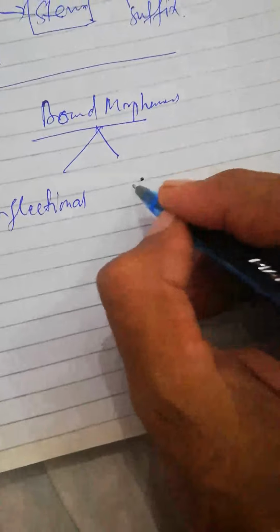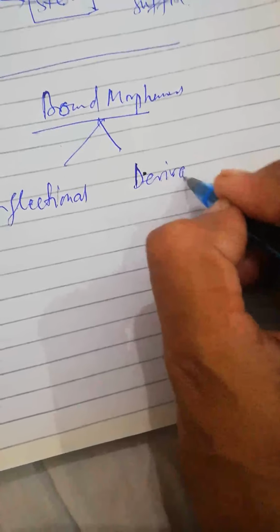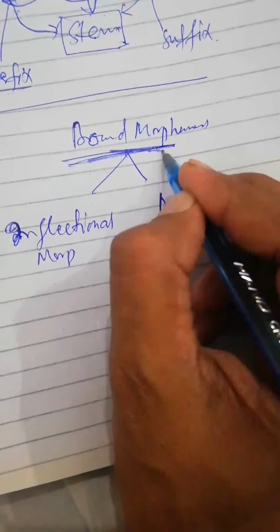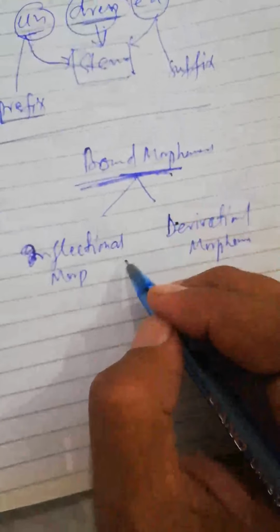Inflectional morphemes and derivational morphemes. So you have to add the term morphemes. So bound morphemes are divided into two categories, inflectional morphemes and derivational morphemes.